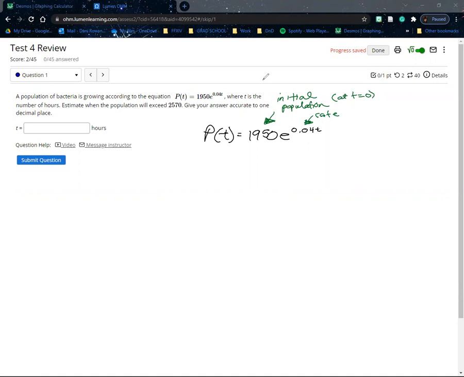What this specifically is asking is to estimate when the population exceeds 2570. So 2,570 for the population. So where do we plug that into our equation? What are we solving for? Are we solving for P of t or are we solving for t?